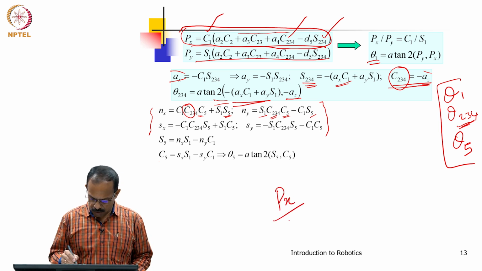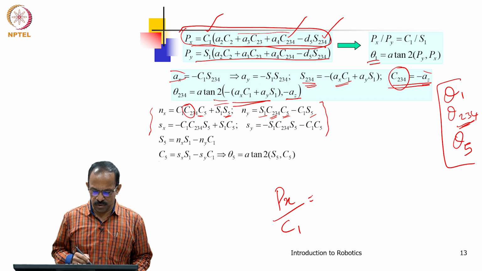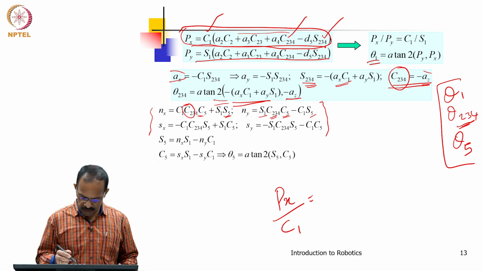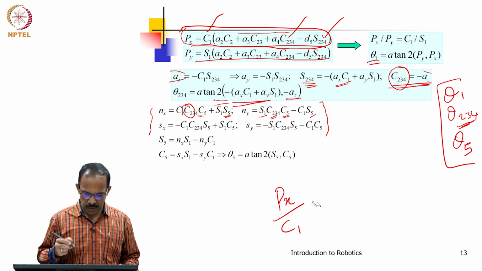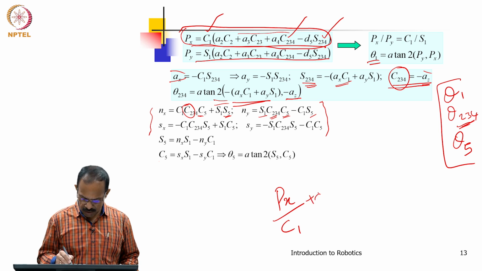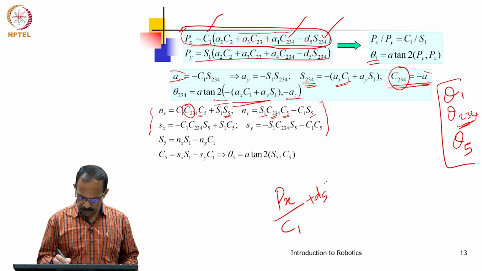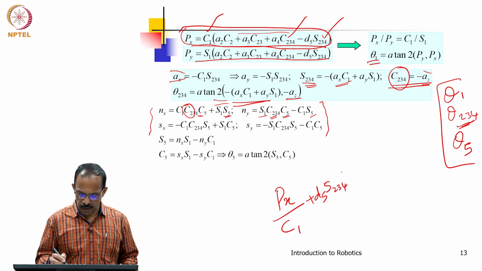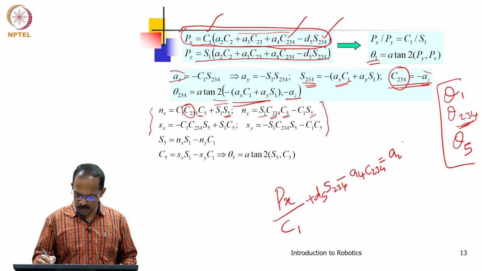Therefore, we will be able to write Px over C1 plus d phi S 2 3 4 minus A 4 C 2 3 4 is equal to A 2 C 2 plus A 3 C 2 3.